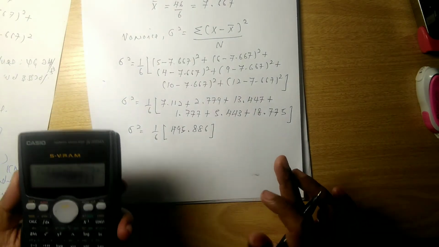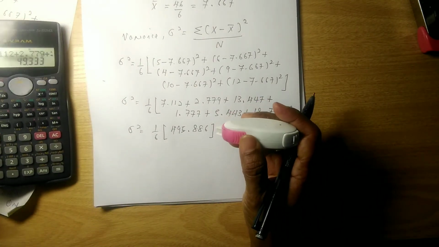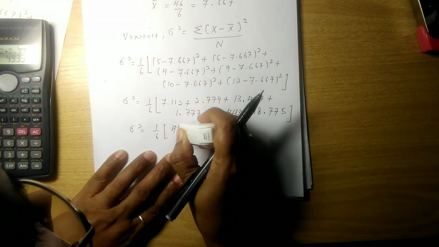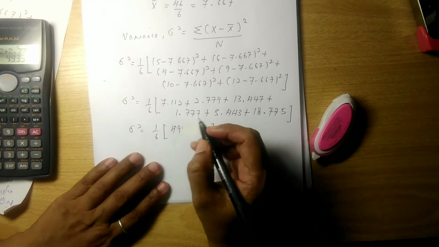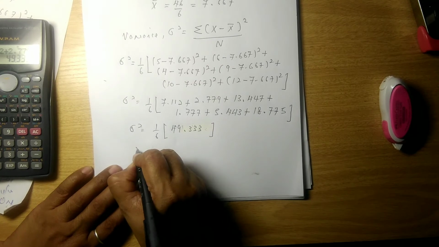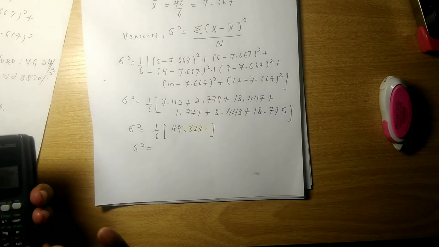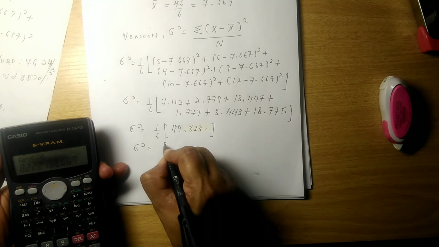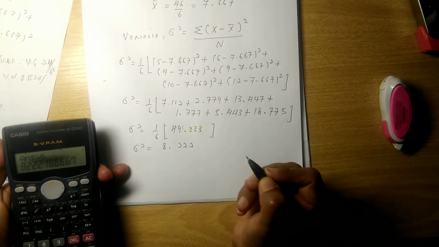It's actually 49.333. So that means this will be 49.333 divided by 6. You get about 8.222. I'm taking 3 decimal places. So this is my variance.